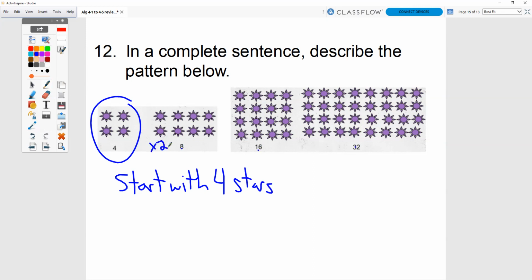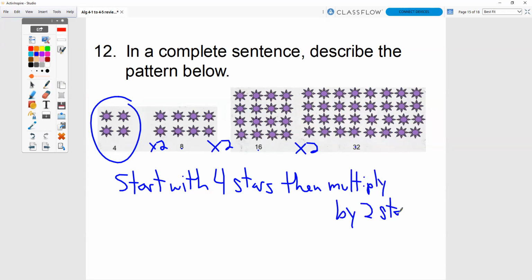Well, what we're doing each time is multiplying by 2. Multiply by, not by 2 stars, but just by 2 each time. So start with 4, then multiply by 2.